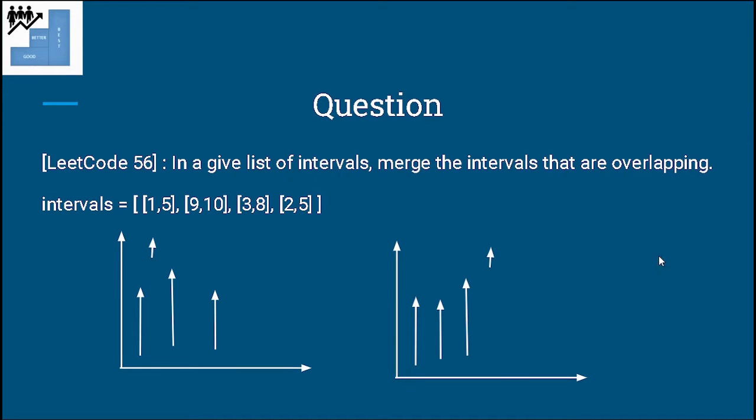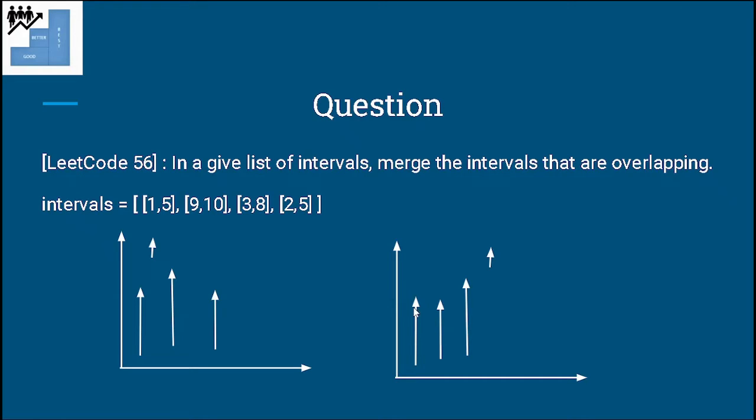If we go back to the PPT, what I am checking is if the upper limit of this interval is greater than the lower limit of this interval, then there is definitely some overlap, right?